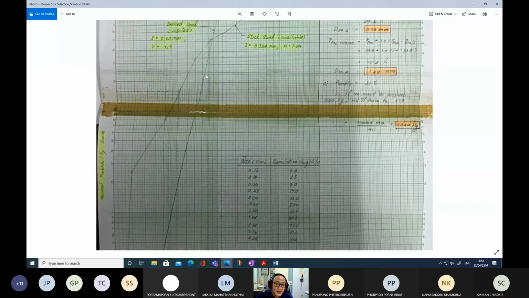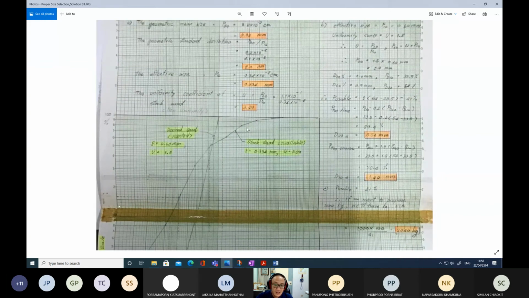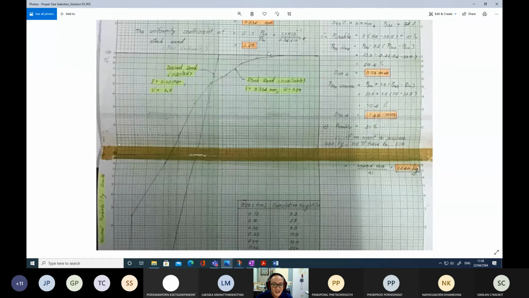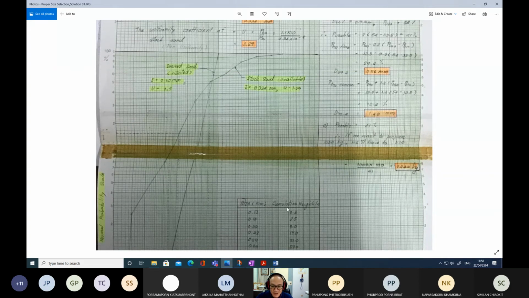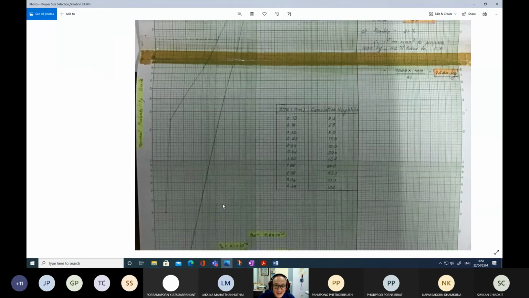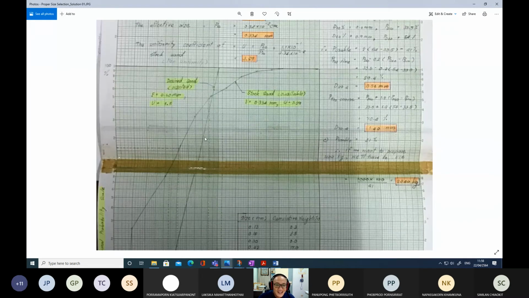This line is not a straight line; the curve like this is the plot of the information taken from the table. So this is the size and then the cumulative weight. We want this line, which is the desired sands, and this one is the natural sands.